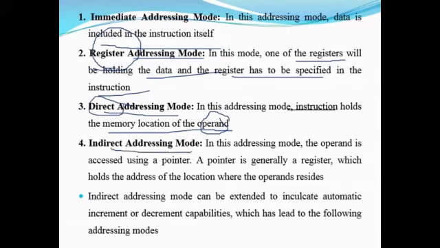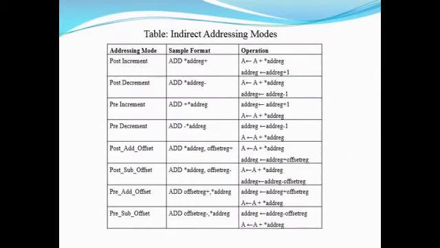Then indirect addressing mode. In this indirect addressing mode, the operand is accessed using a pointer. The pointer is normally a register which holds the address of the location. So this register holds the address, and this address specifies where the operand is stored. Under indirect addressing mode, we have several types: post increment, pre increment, post decrement and pre decrement.